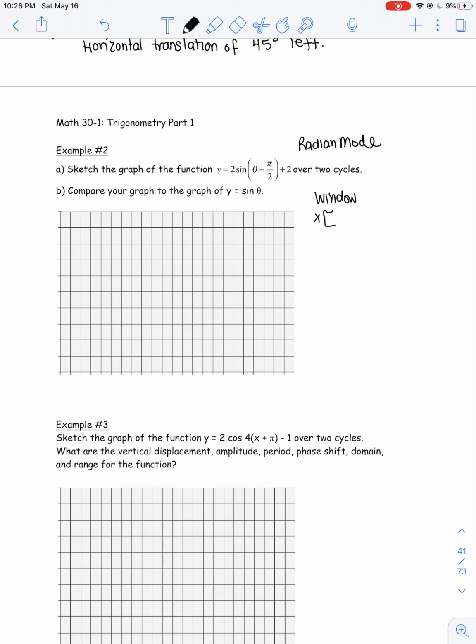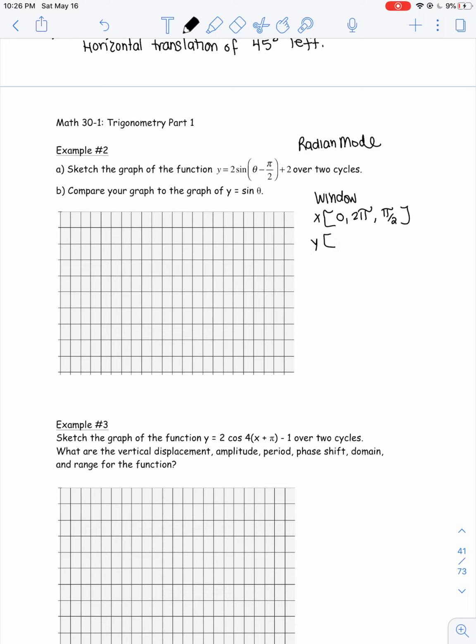So for our window, I'm going to go from 0 to 2 pi, so that would go up to 360 degrees, going up by, in this case, an increment of possibly pi over 2, because I'm just using the phase shift to help me. So pi divided by 2 will be my increment. So I'll go from 0 to 2 pi up by pi over 2.